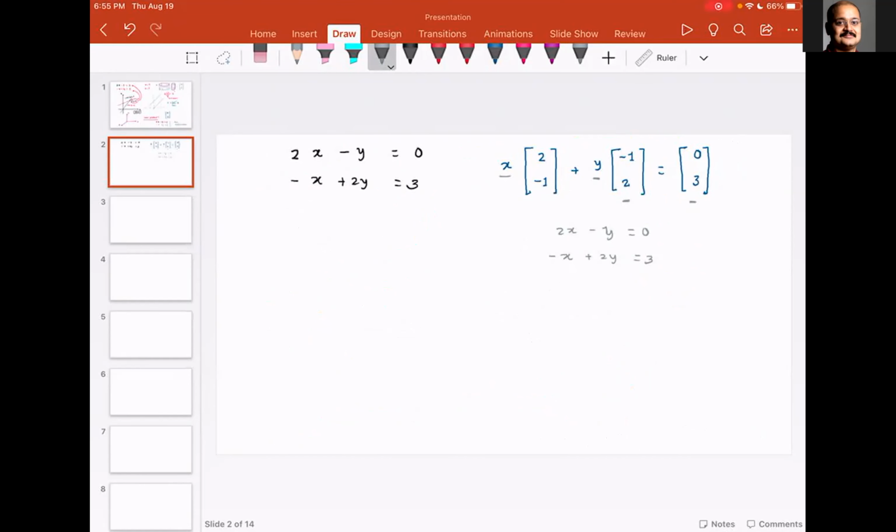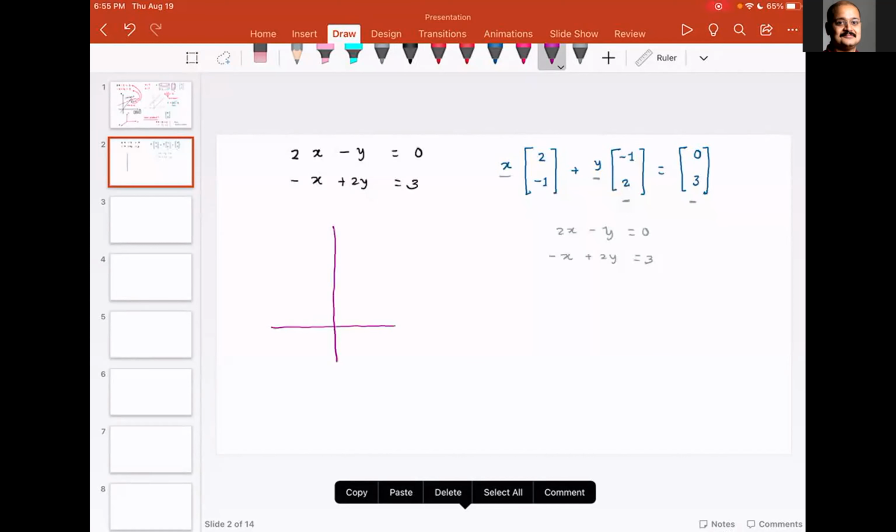This is my argument, and let me present it to you. I'm going to first start with a coordinate system x and y, and then I am going to plot two vectors. This is important.